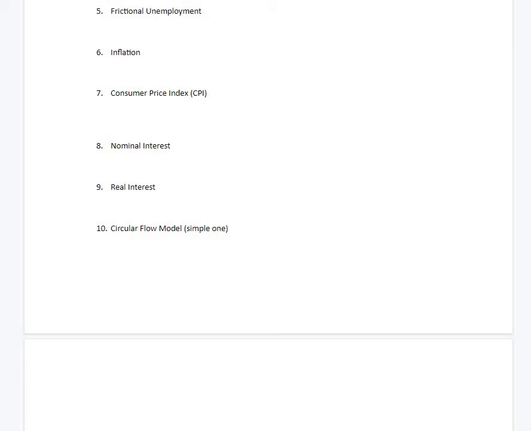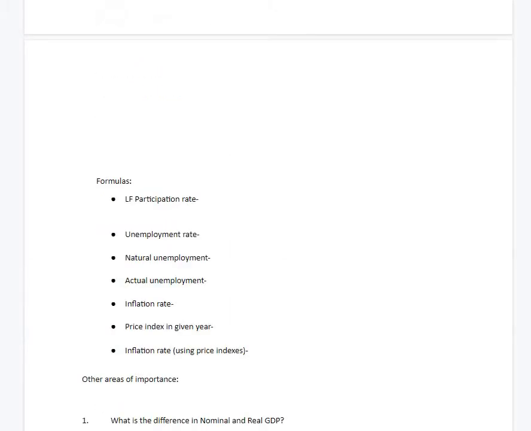So it's just the percentage you're charged on the amount of money that you've borrowed. The real interest rate takes that nominal interest rate minus the inflation rate. So you take out the effect of inflation. Again, anytime you see the word real, you're taking out the inflation rate. The circular flow model, you can find a diagram with that in the Google Classroom on that formula sheet for you there.